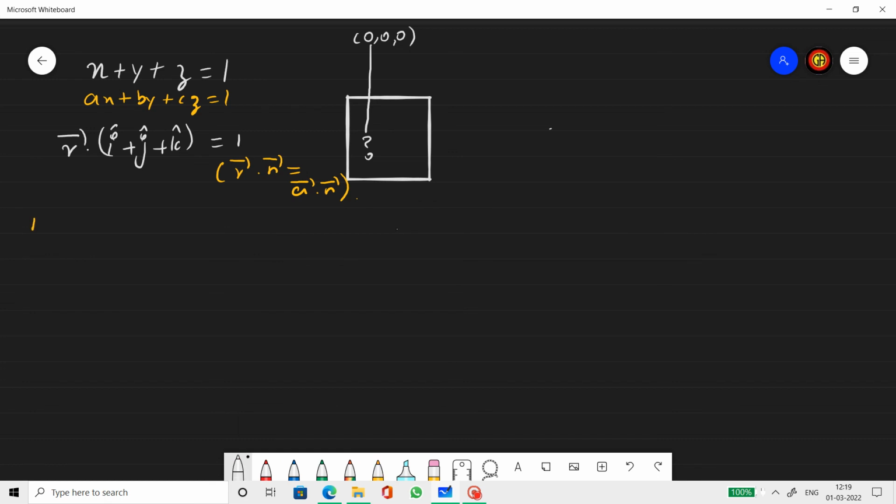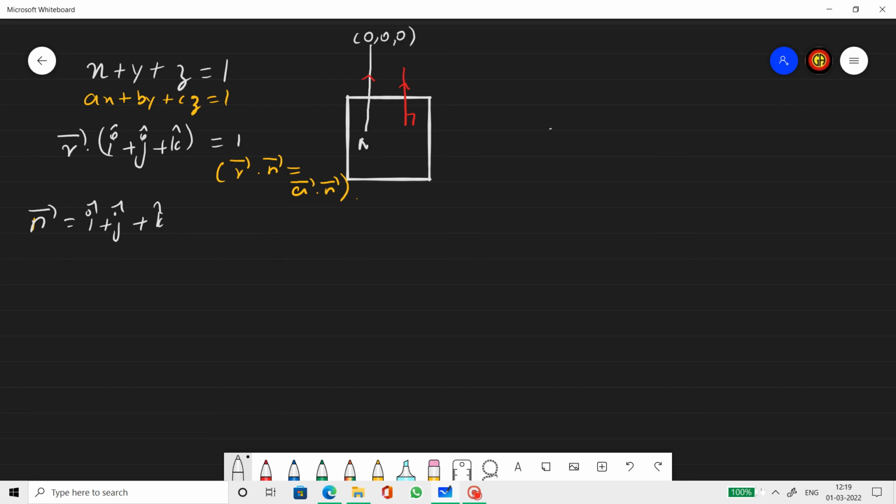The normal of the plane is i cap plus j cap plus k cap. And what is the normal basically? A line that is perpendicular to the plane, isn't it? So that means these two lines are parallel to each other, right? Yes. So let's give a name to the foot now.